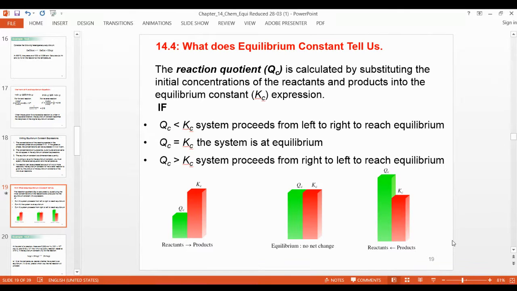what is this reaction quotient? Up to this slide, we studied the equilibrium constant K. But Qc is not the equilibrium constant.